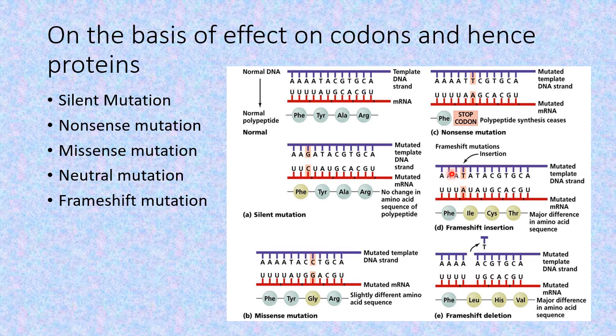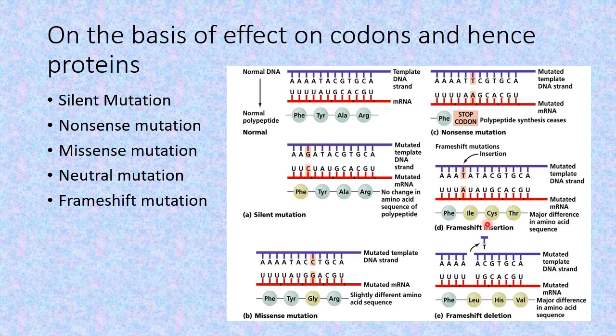So all these amino acids that will be formed in the polypeptide sequence will be altered just by the addition of a single nucleotide in the original DNA template. So this type of mutation leads to shifting of the reading frame. So these are known as the frame shift insertion type of mutations.